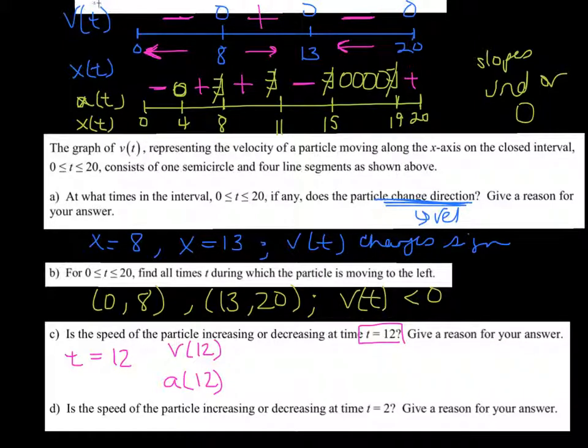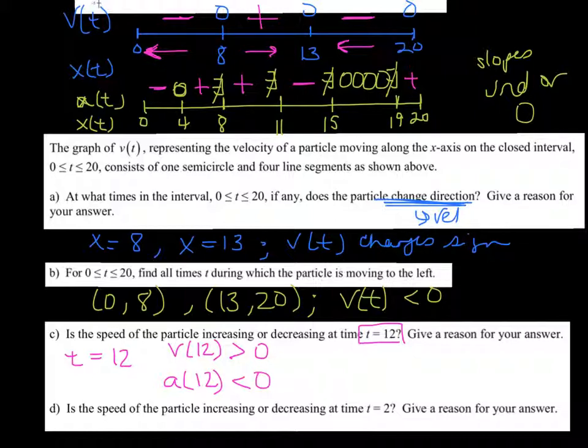Is it positive or negative? For v of t, if I look on my sign chart here, the velocity at time t is definitely positive, greater than 0. For a of t, 12 falls between 11 and 15, where it's clearly less than 0.